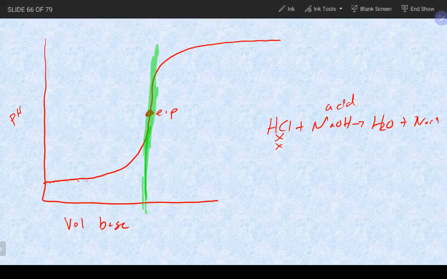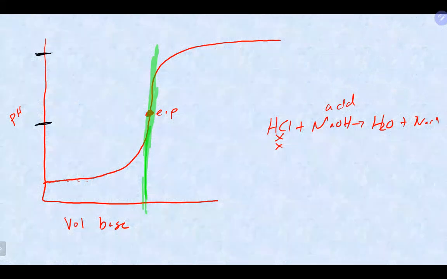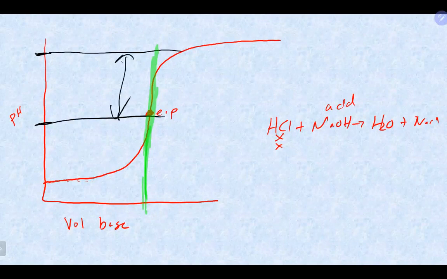And that means that essentially you do not need to add a lot of volume to change the pH a lot. pH changes a lot between here and here, right? Say this is a pH of 7, and this is like a pH of 12. There's a very big jump in pH. The amount of volume, which is down here, did it take a lot of volume to change that pH a lot?